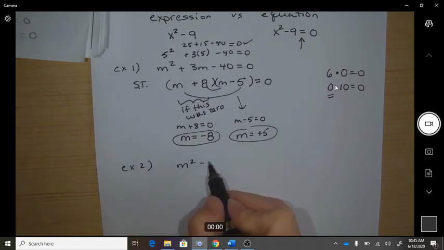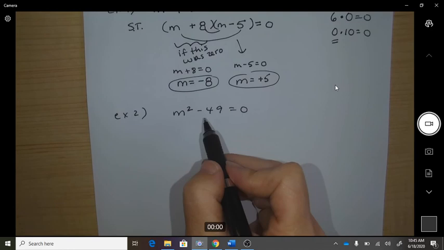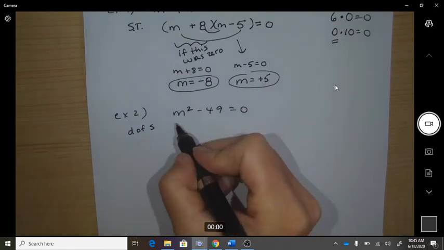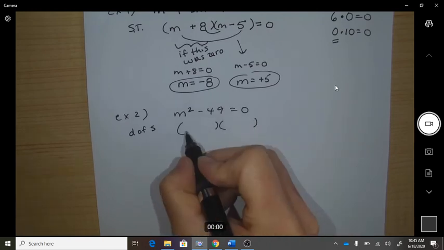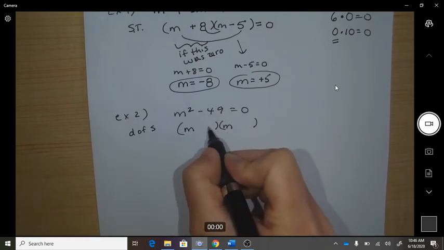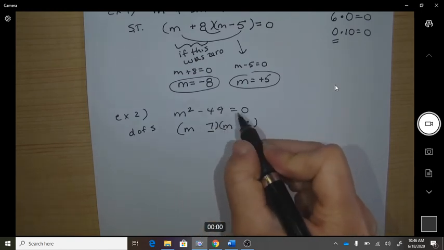Example 2, m squared minus 49 equals 0. Okay, so on this one, I recognize this style of factoring. It's a difference of squares. So two brackets, m and m make my m squared. And last need to make 49. 7 and 7.